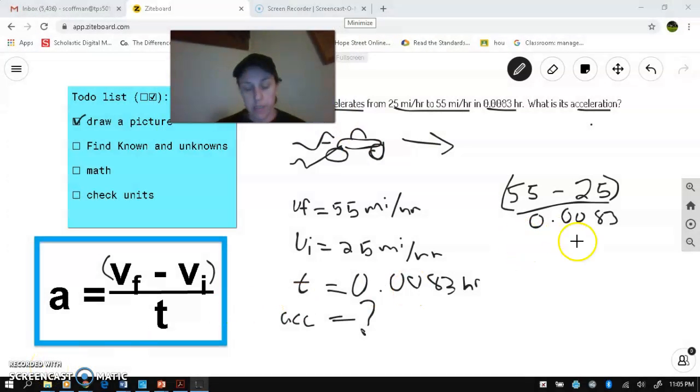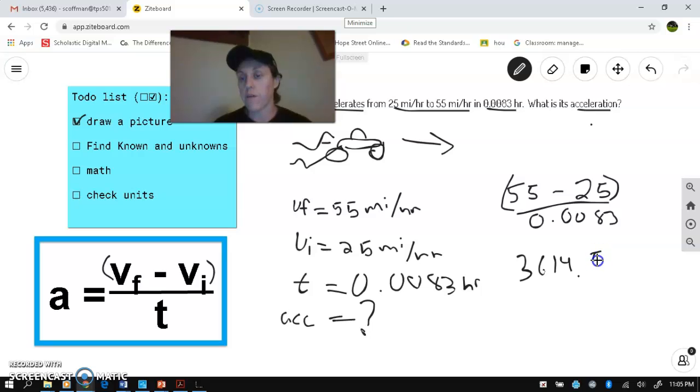And so I got 3, 6, 1, 4.5. And again, this was miles per hour. This change in velocity is per hour.